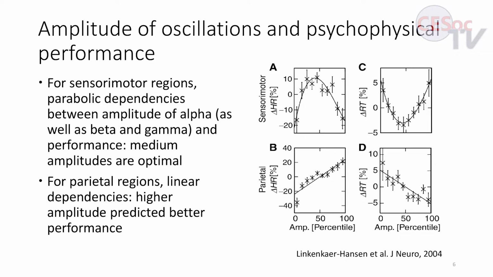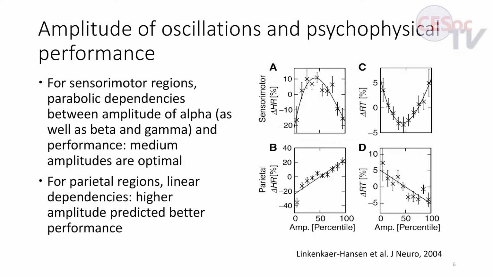And so here are a few research examples that show that this can help explain the variability. In this study, it was shown that performance in a psychophysical task, which was detecting near threshold stimuli, was predicted by amplitude of alpha oscillation as well as beta and gamma.